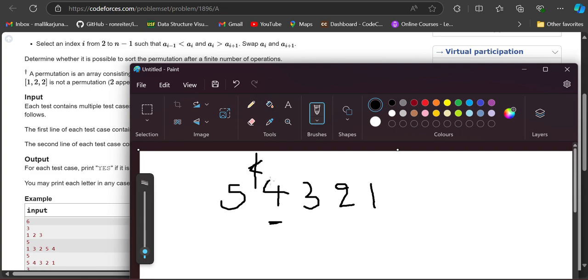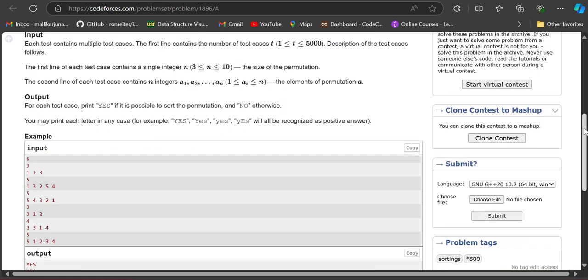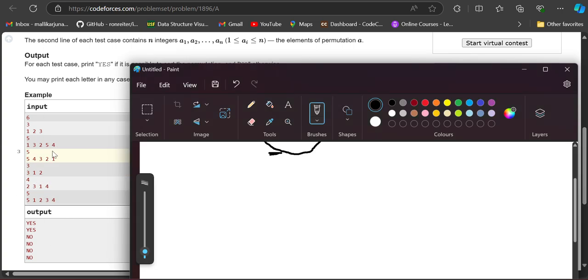So we are not able to swap these two. As a result, it can't be sorted. And then 5, 1, 2, 3, 4: same. 5 is not less than 1, so we are not able to swap it. And the next one is 2, 3, 1, 4.